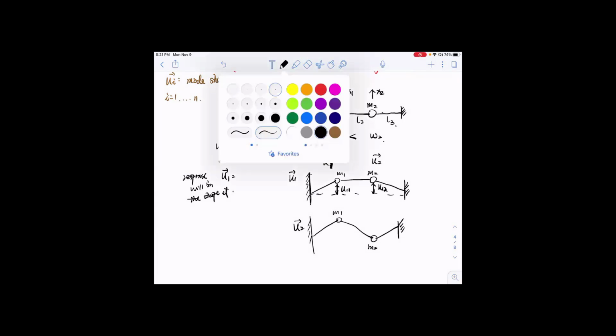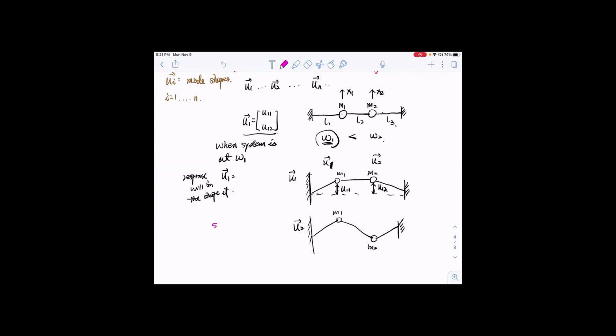Similarly, if your system is at omega 2, your response will be described by U2, which is U21, U22.